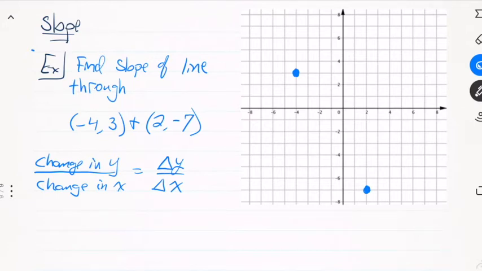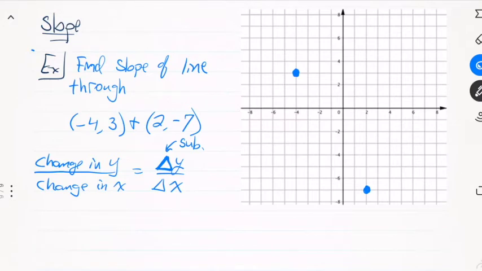So when you go to a grocery store and you make change, like a candy bar costs $1, you give the cashier $5, and they're going to give you change. Well, to make change, you're taking 5 and subtracting 1. So whenever you see this triangle symbol, it really means subtract the y's and subtract the x's. And the order is really important, just like plotting points.